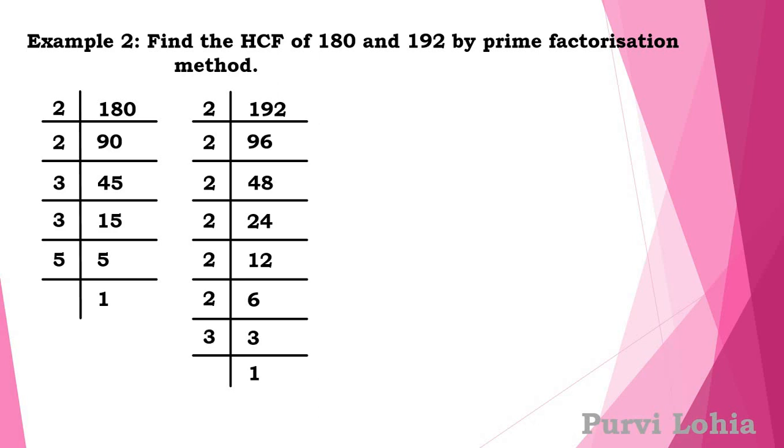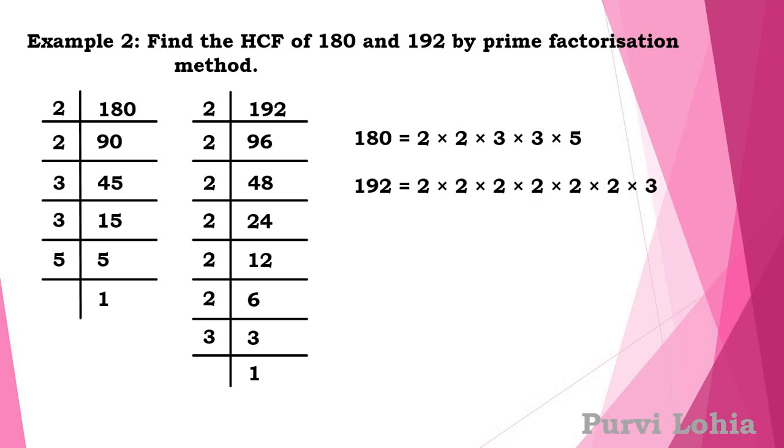Okay, so 180 will be written as 2 into 2 into 3 into 3 into 5, and 192 will be written as 2 into 2 into 2 into 2 into 2 into 2 into 3. That is 6 2's and 1 3. Now again we will group the prime factors. We will take the common prime factors.